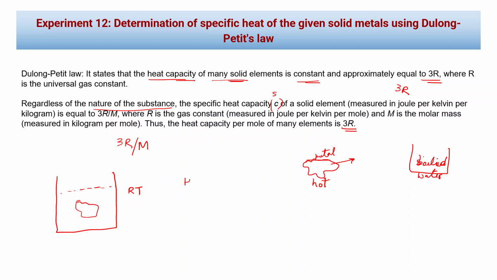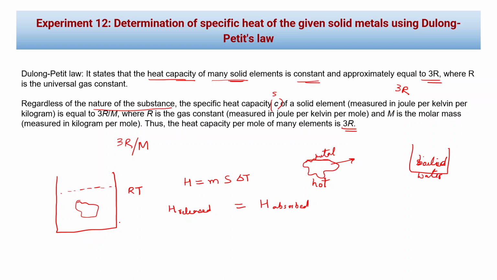So we know the relation between heat and specific heat capacity: it's mass times specific heat capacity times the temperature difference. That will be the heat transfer. So the heat released by the metallic body will be equal to the heat absorbed by this calorimeter plus water.